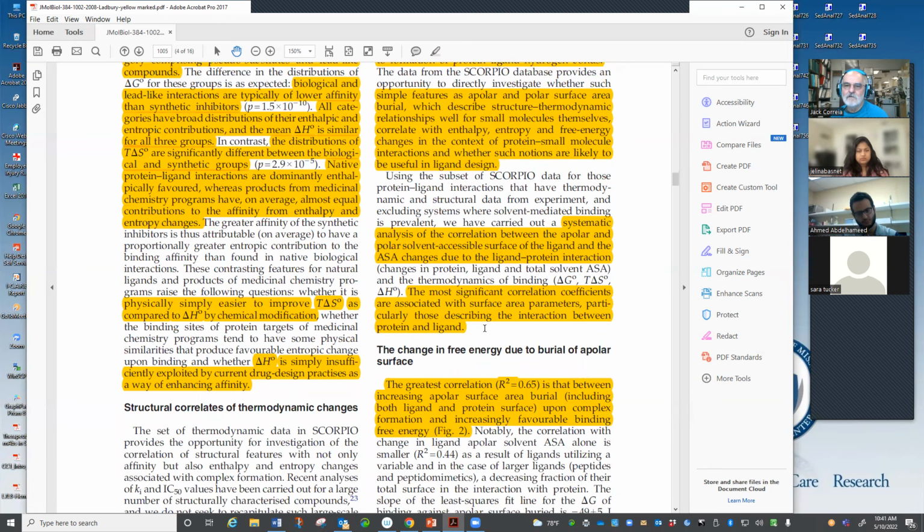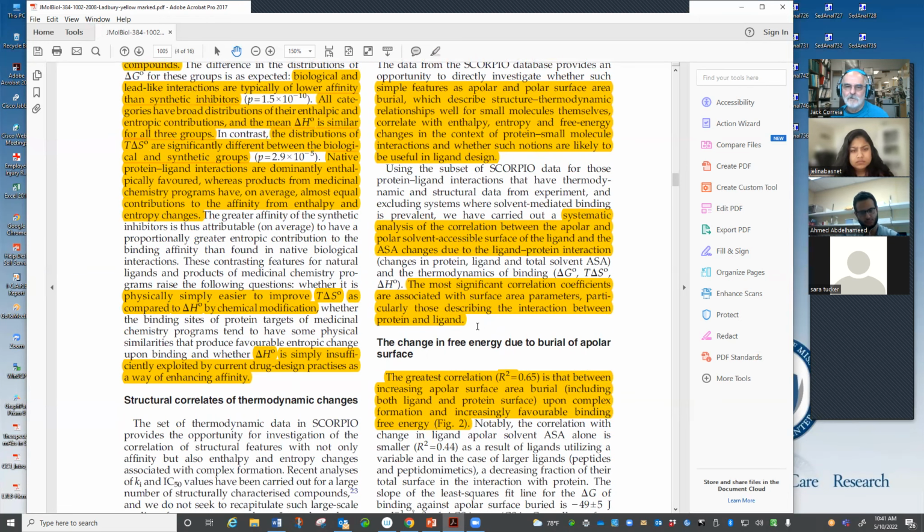And what they discover is that the most significant, so there's multiple logics here, and I'm beginning to mix them up on you and on me. How are these correlated with delta G, delta S, and delta H? Most significant correlation coefficients are associated with surface area parameters, particularly those describing the interaction between proteins and ligands. All right, so this is the general result, and I'm starting to impose some specific results.